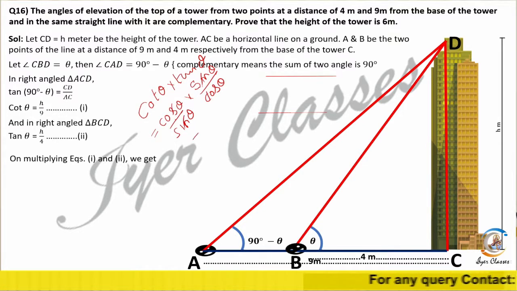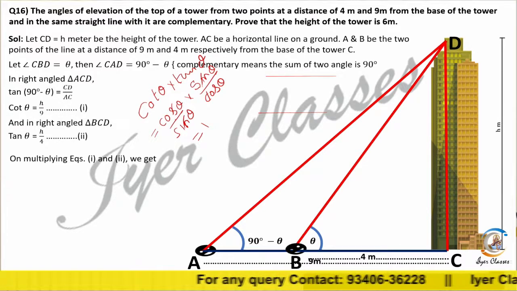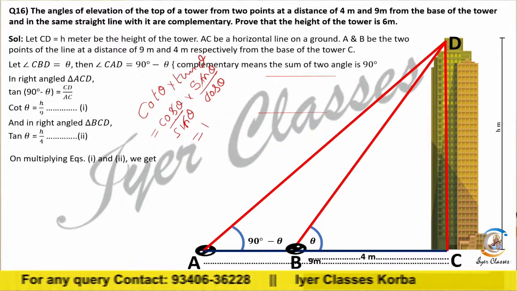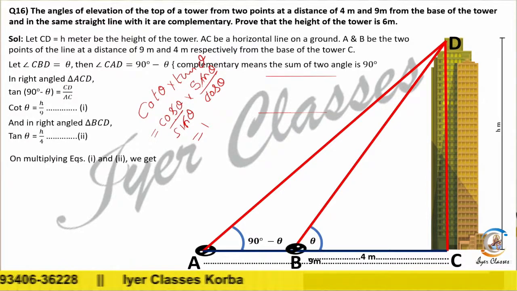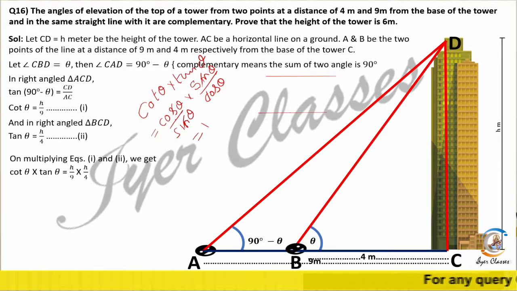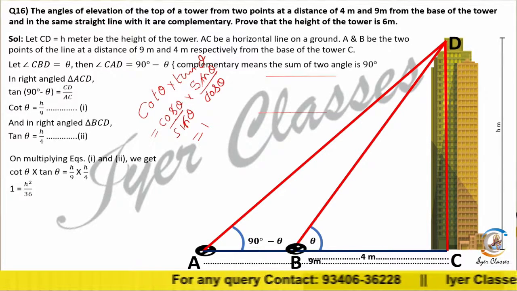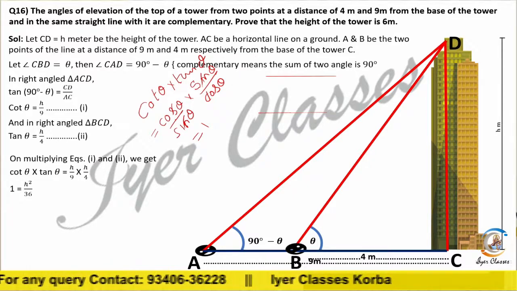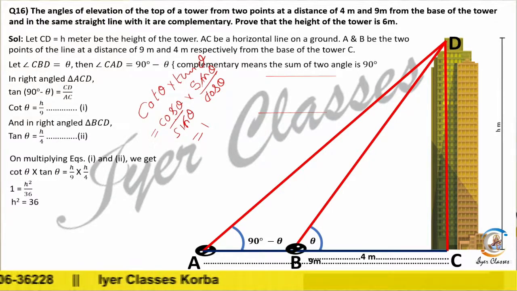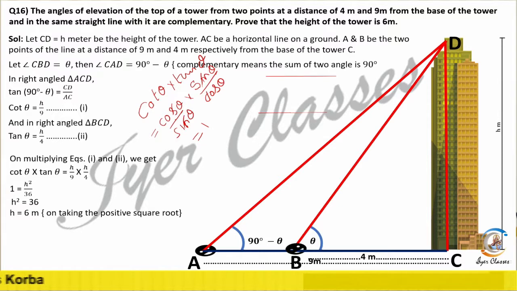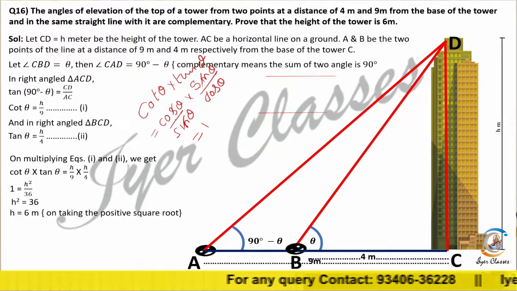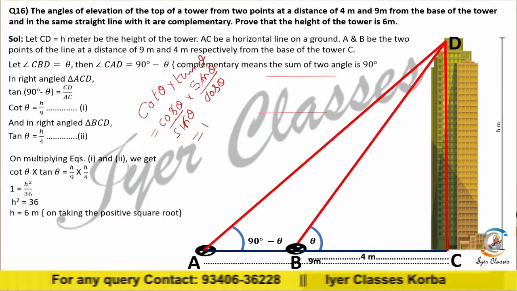Cancel it and you get the answer as 1. So if you multiply equation 1 and 2, you get cot theta into tan theta, which is equal to h by 9 multiplied by h by 4. So we have 1 is equal to h square by 36. So h square is equal to 36, or h is equal to 6 meters on taking the square root, right? So what is the height of the tower? The height of the tower is 6 meters.